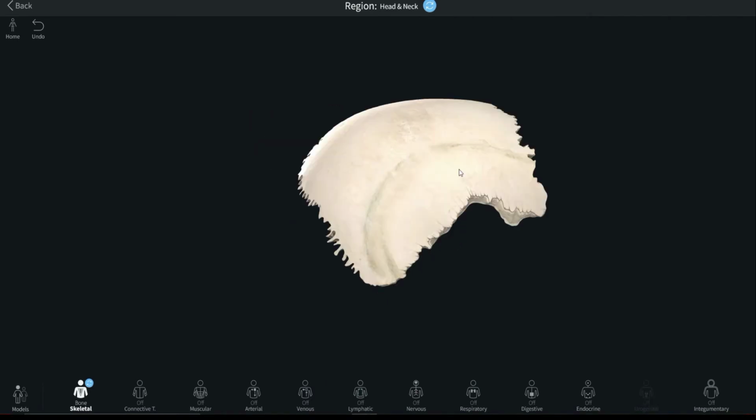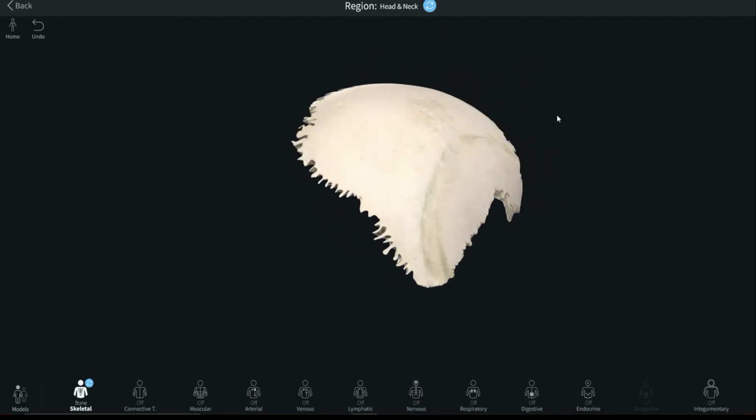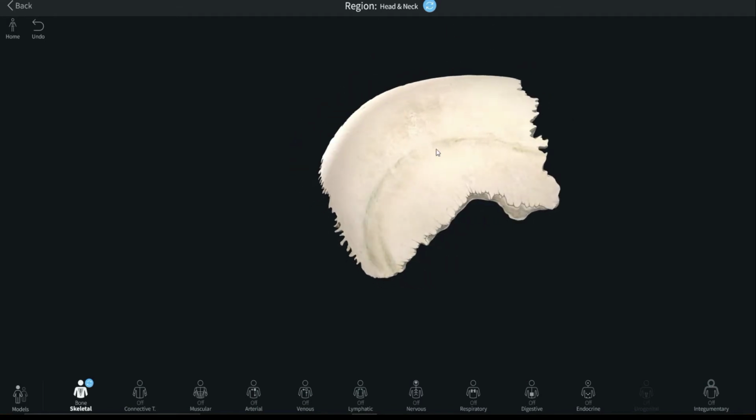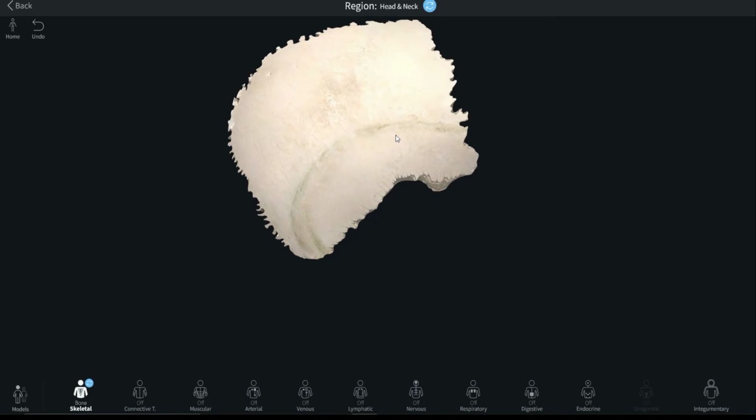How do I come to know that this is the anterior border or this is the anterior border? That is also a bit tricky, right? For that, listen to me. Do you see this prolonged angle here? This is an angle. See, the parietal bone is quadrilateral, right?